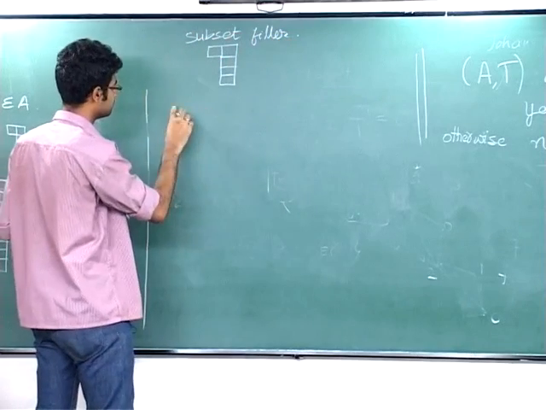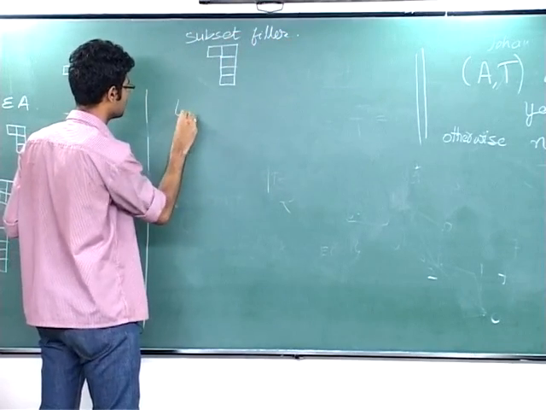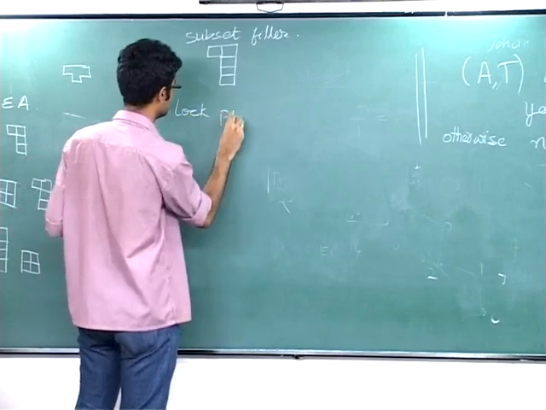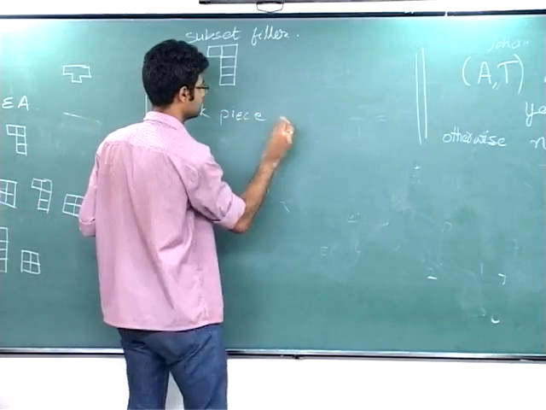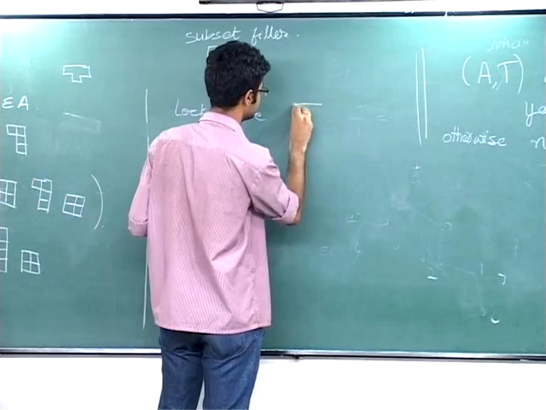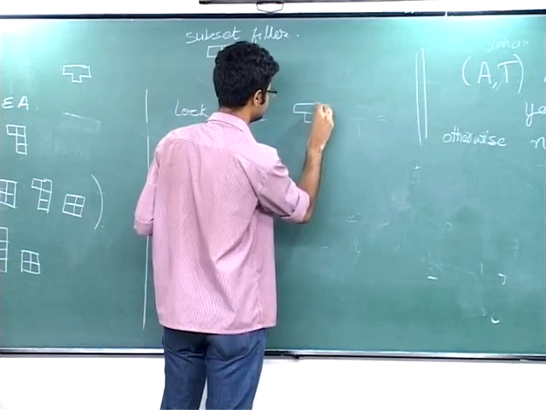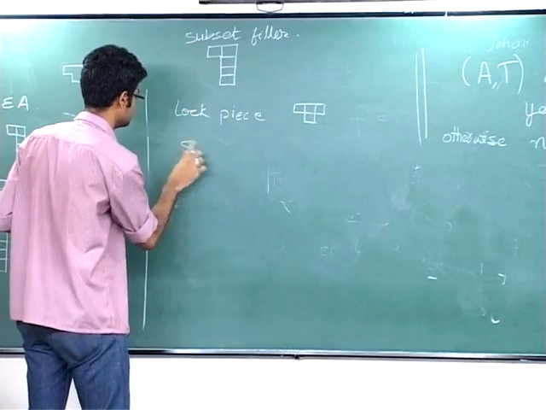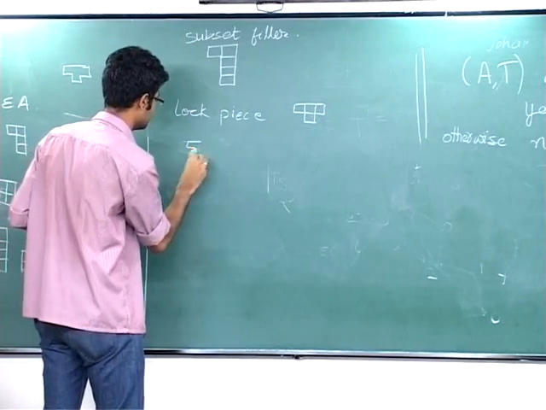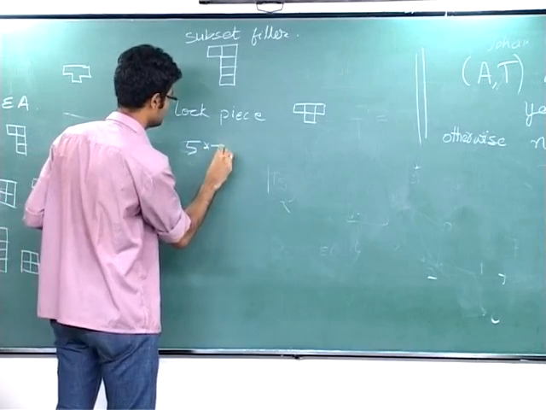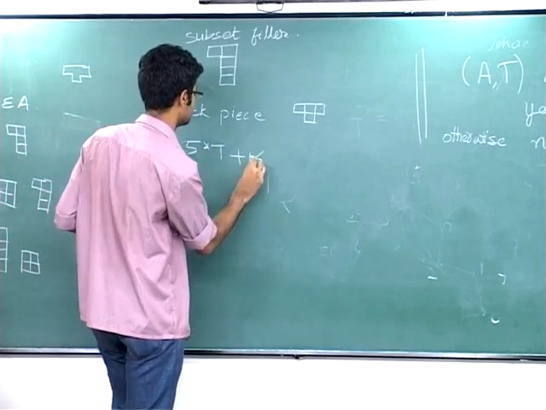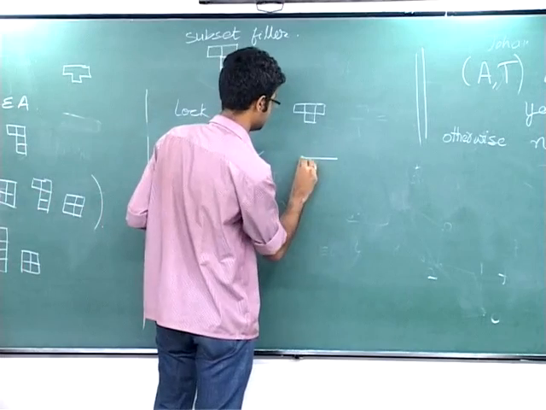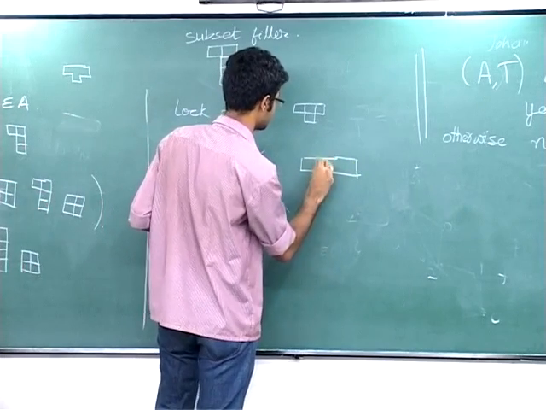And then there is this lock piece, just simply this piece. And then I have 5t plus 16 4 cross 1 pieces.